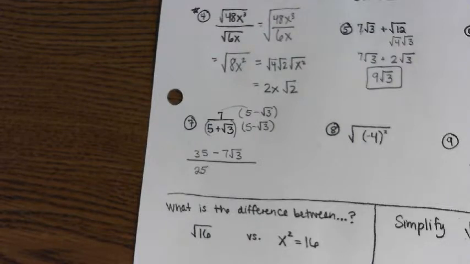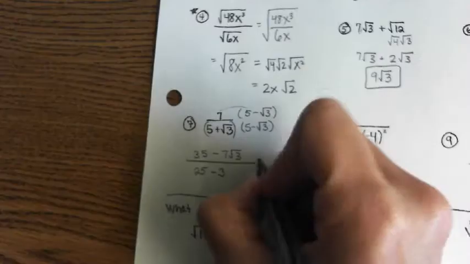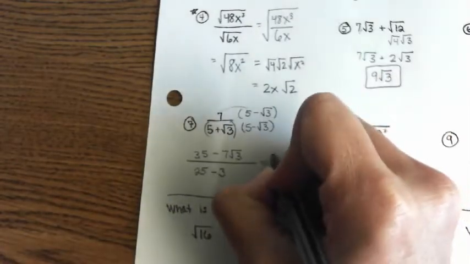Positive root 3 times negative root 3. Andrew? Minus 3. Yep. So if at first you process negative root 9, you're not wrong. It's just that root 9 then becomes the whole number 3. And then we just make our denominator 22.